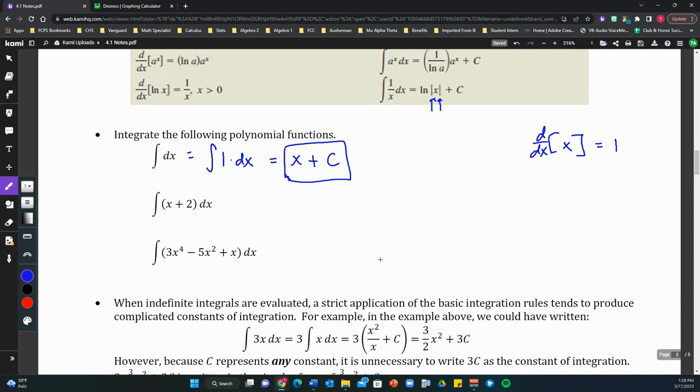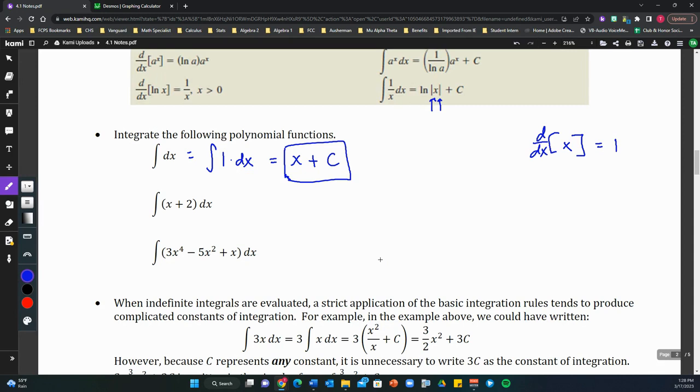This is saying find the antiderivative of 1 with respect to x. So we don't have to give this a name of capital F or f of x, whatever it is. We don't have to use function notation unless it actually says, here is a function f prime of x, find f of x. If we're given function notation, then we would want to represent our answer in that way as well.